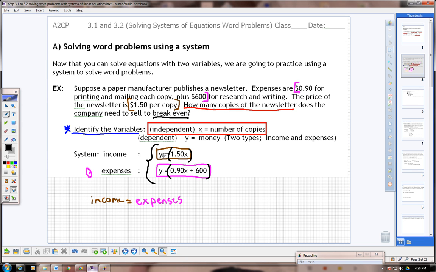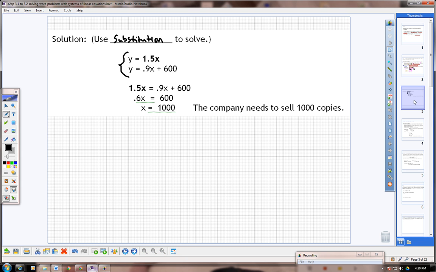And you can see that if y equals 1.5x and y equals 0.9x plus 600, all we have to do is substitute this value in for the y to set up an equation. And so that's the goal there, to set up an equation.